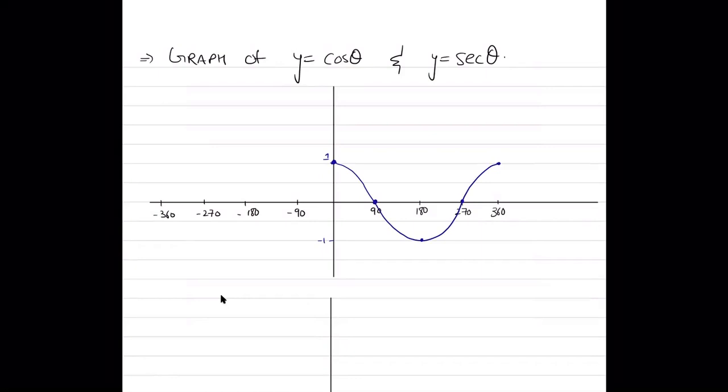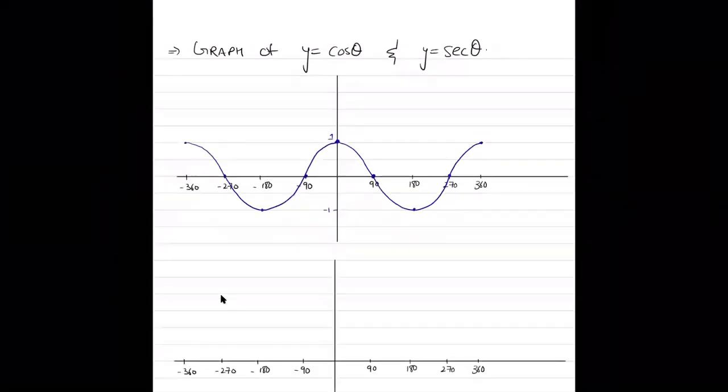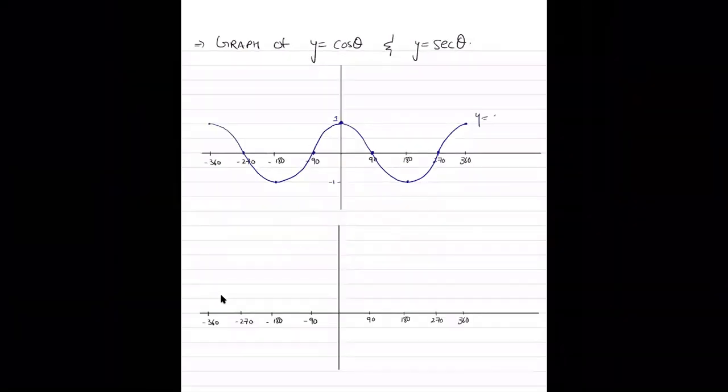If I extend the graph to -360 degrees, it is going to look like this. So the period is 360 degrees. And then we are going to look at the graph of sec theta, which is the reciprocal of cos theta.